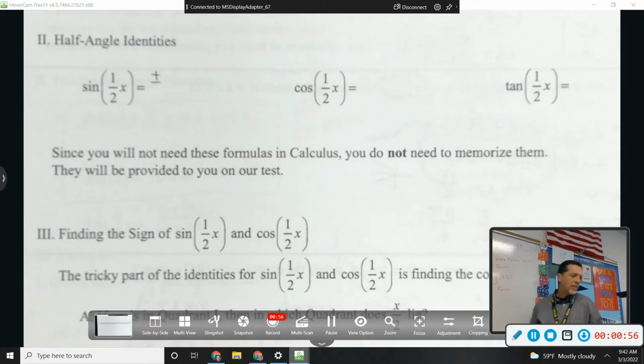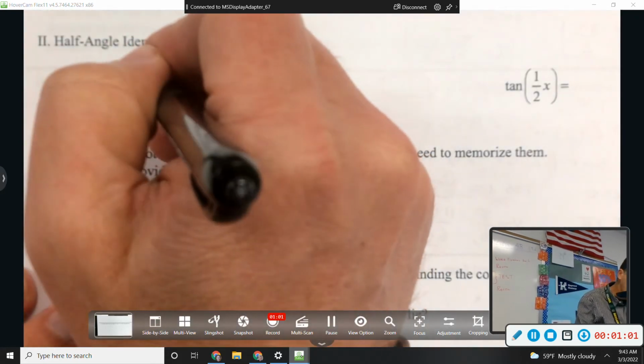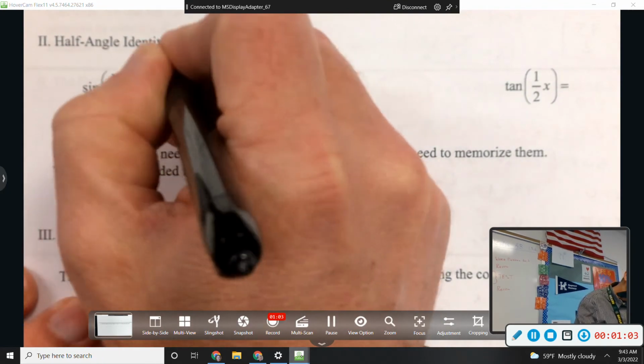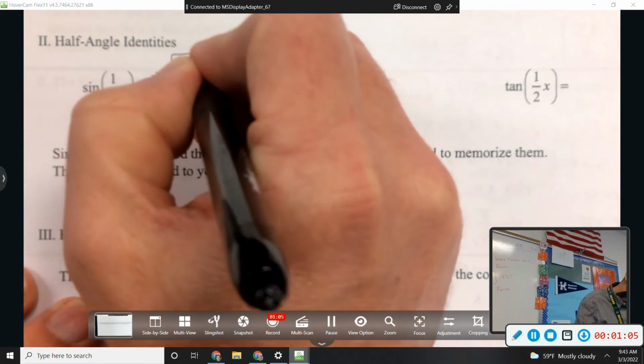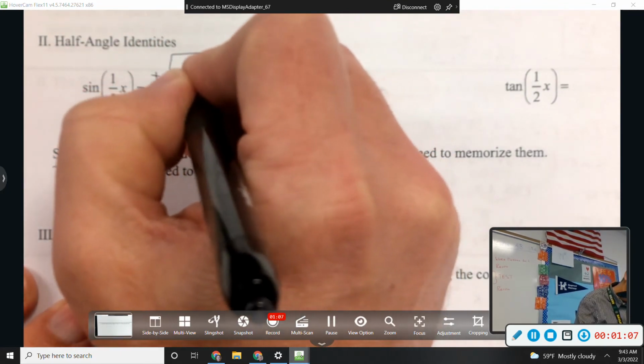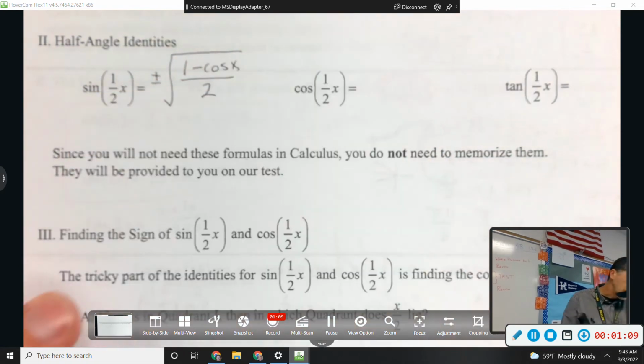Sine of 1/2 x is plus or minus, and that's kind of a big deal for these, the square root of 1 minus cosine x all over 2.